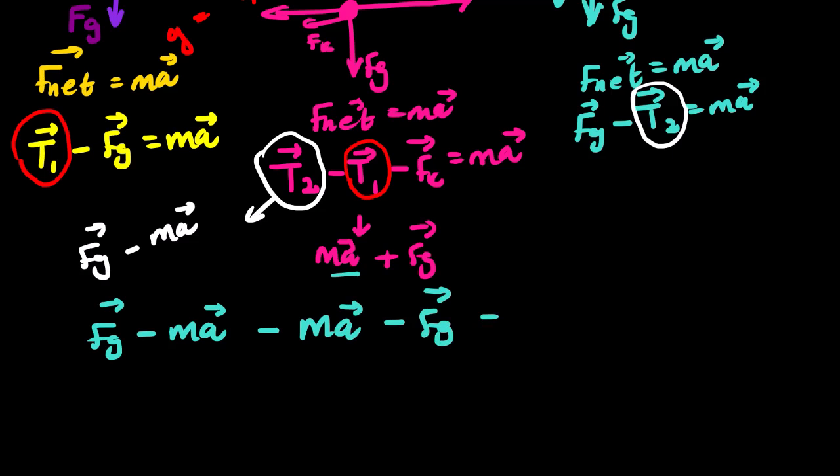Actually, I forgot that FK equals MA. Now we should take note that this M is the mass of the objects, each and every object. And then we have this FG, which will also be different for each and every object.